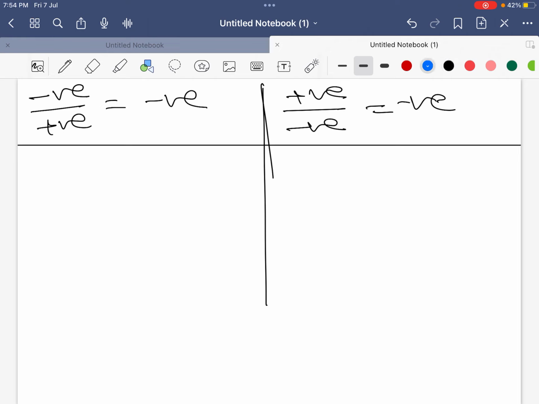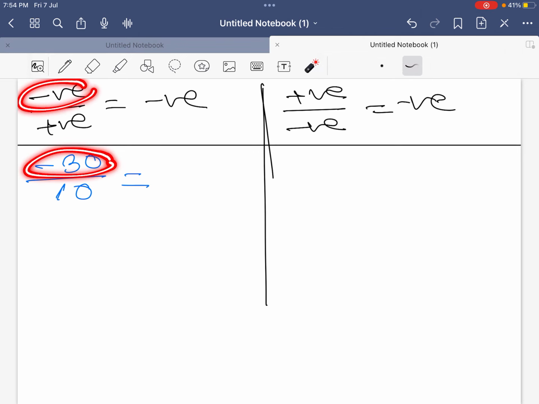Just write down the first example. Once again, we are solving simple ones, and then we will move to the little bit difficult. Write down minus 30 divided by plus 10. Clear? If you observe this case, the numerator is negative and the denominator is positive, so this is the example of the first property.